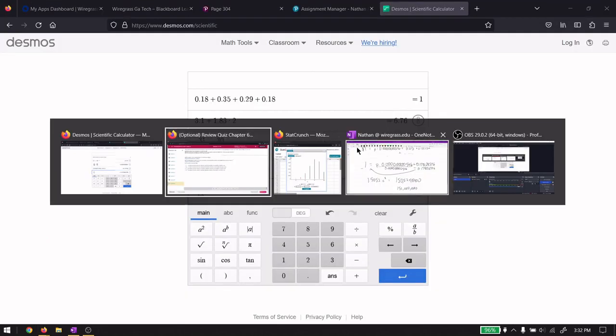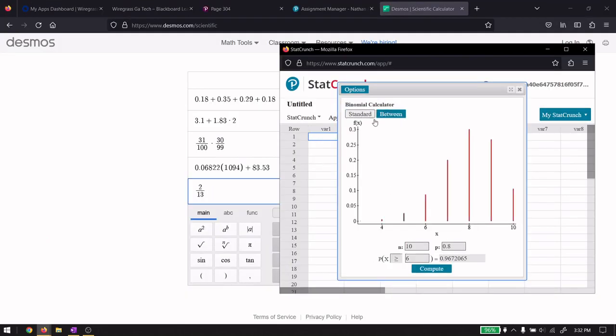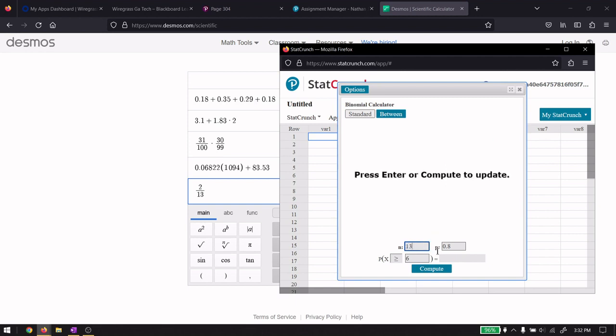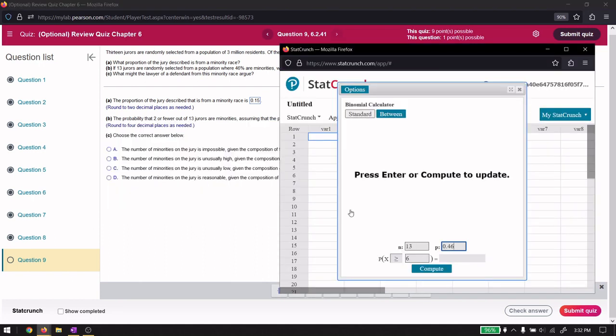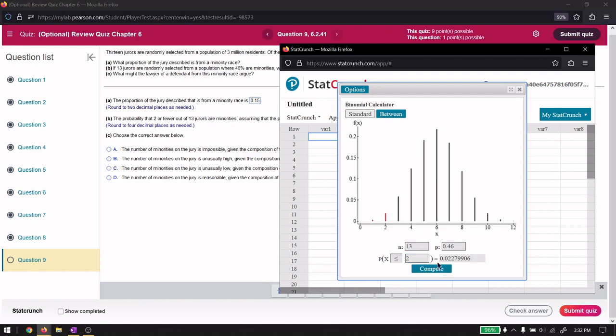So there's 13 trials. The success rate is 0.46. And we're asking the probability that 2 or fewer, in other words, X must be less than or equal to 2. And the probability that that's going to happen is 0.0227, so it's going to be 0.0228.